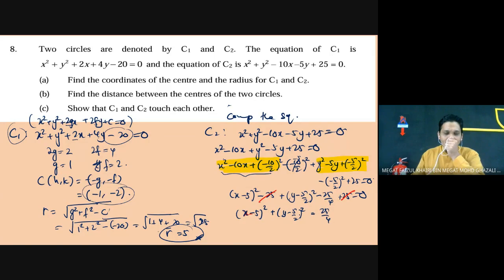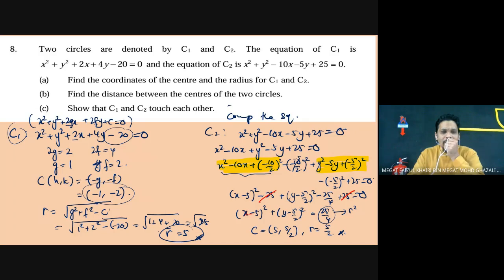So what is the center of the circle now? Center (h, k), which is (5, 5 over 2). And the radius is the square root of 25 over 4. This is r squared, so r equal to 5 over 2.